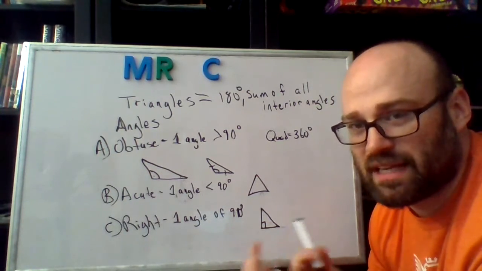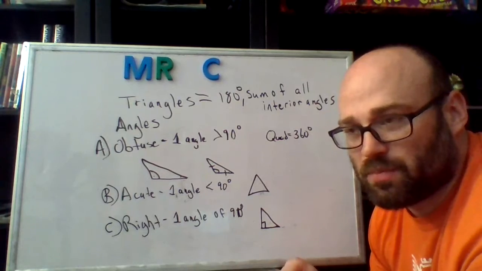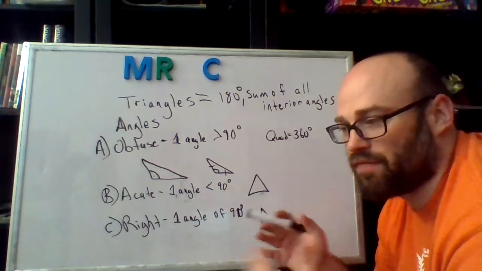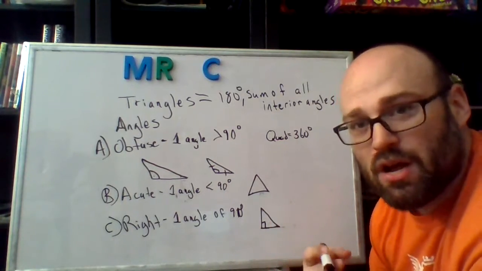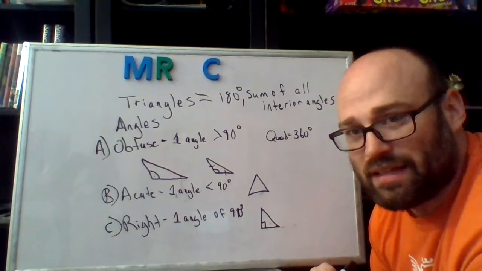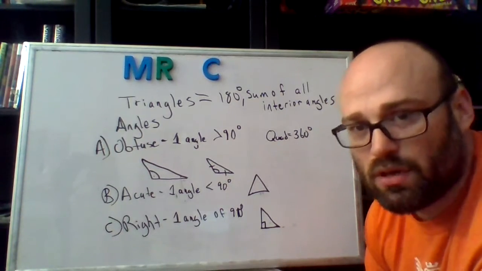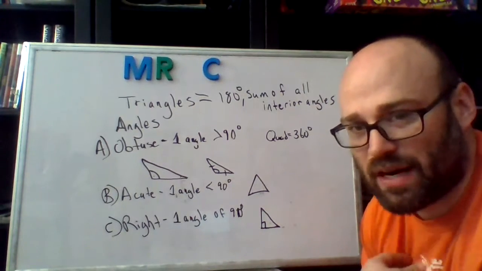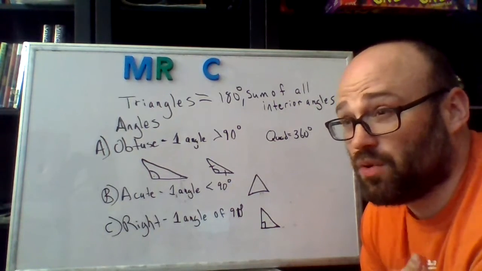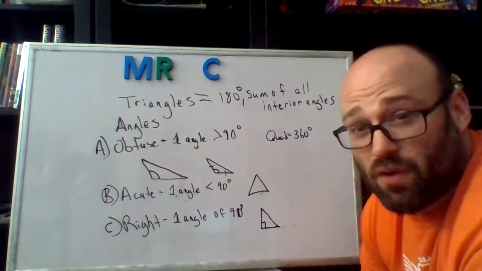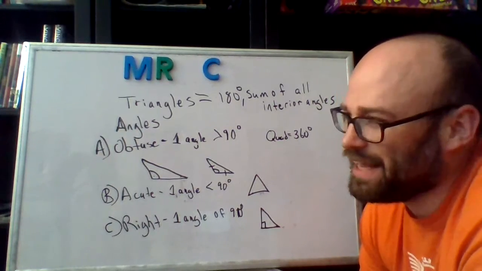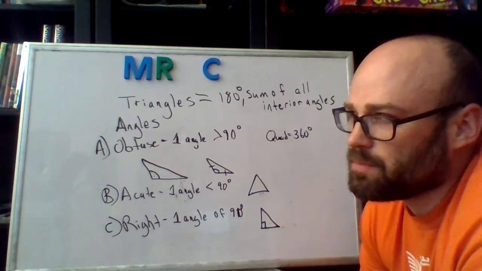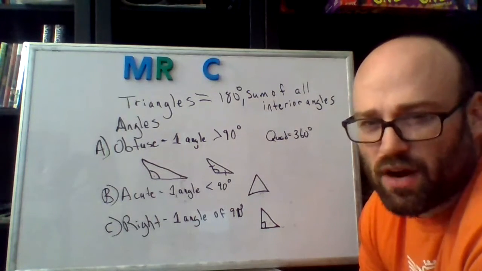The next part after that will be algebraically solving for a missing angle inside of a quadrilateral or triangle. Okay, making equations out of it, solving it algebraically, and then we'll get into what makes a triangle. We're definitely doing what makes unique triangles.